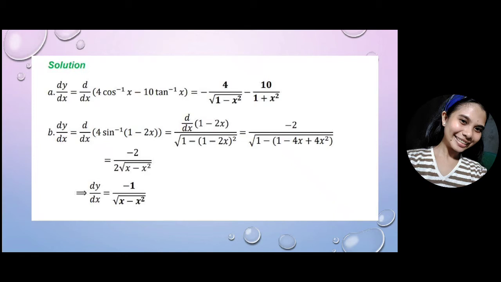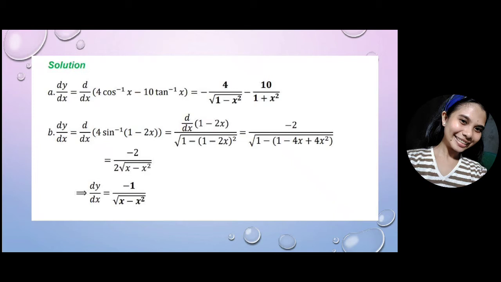Then in our denominator, we have to evaluate the expression of 1 minus 2x squared. So using the FOIL method, we could have 1 minus 4x plus 4x squared. So now the whole expression will be negative 2 all over the square root of 1 minus the quantity of 1 minus 4x plus 4x squared.